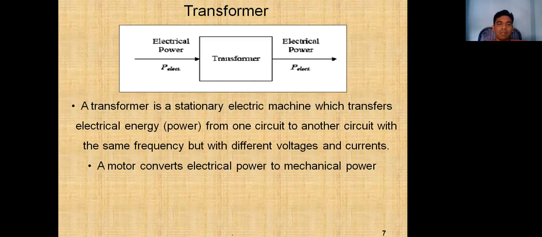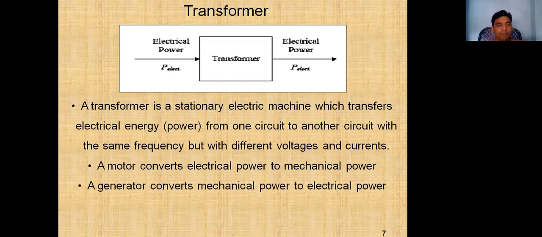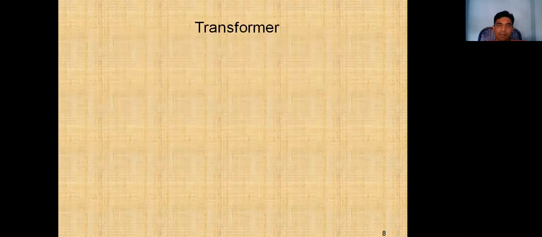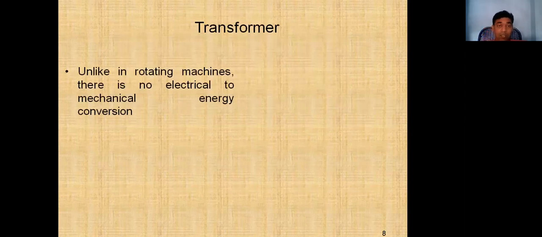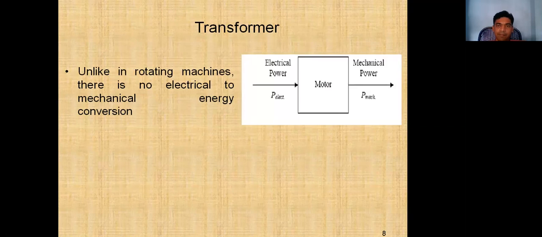A motor converts electrical power to mechanical power. A generator converts mechanical power to electric power. Coming to the transformer, unlike in rotating machines, there is no electrical to mechanical energy conversion.